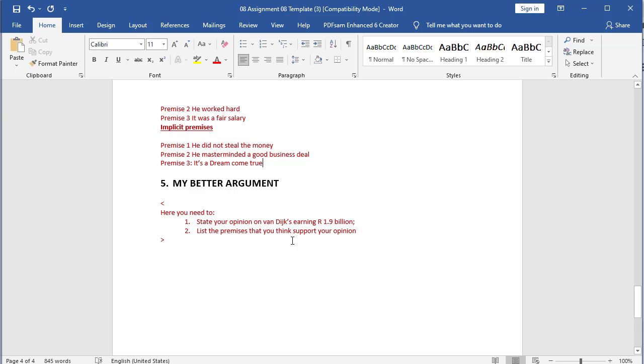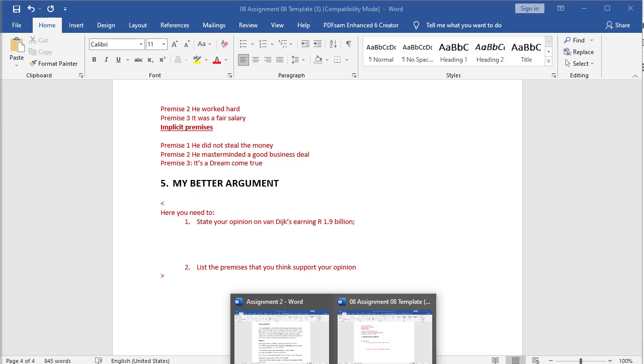What I usually do with this one, if you did a very good assignment on number 2, I'm not saying it's the correct thing to do. If you did a good assignment, here is what you do.